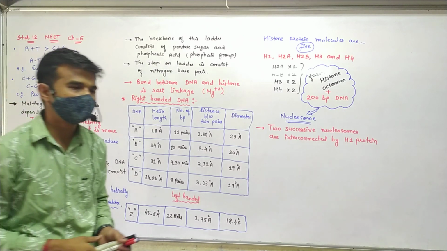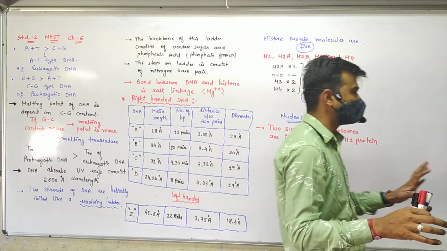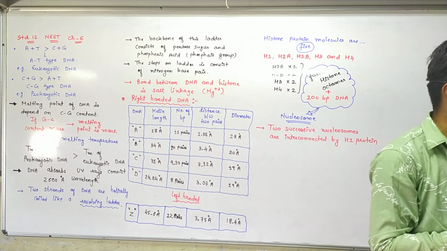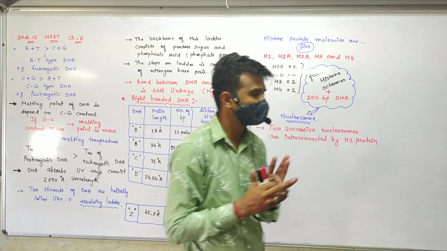That's why here we have a total of 5 histone proteins. H1 is the interconnection.